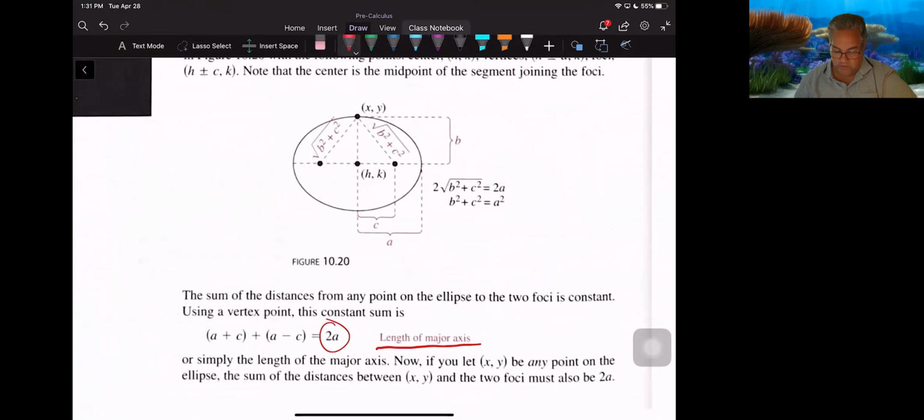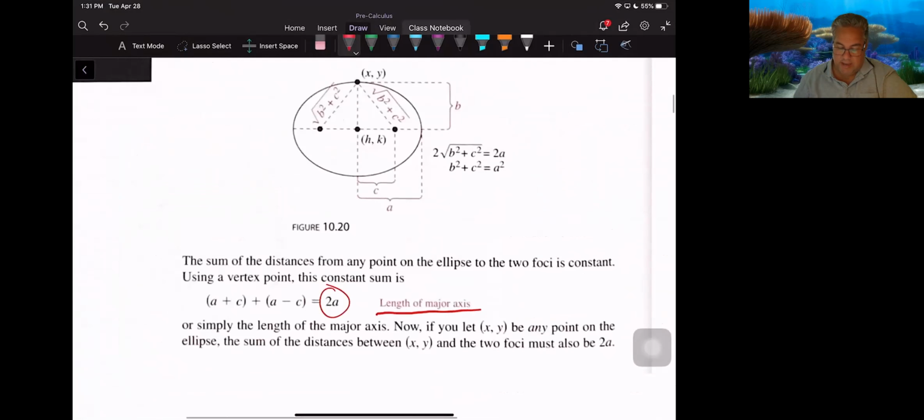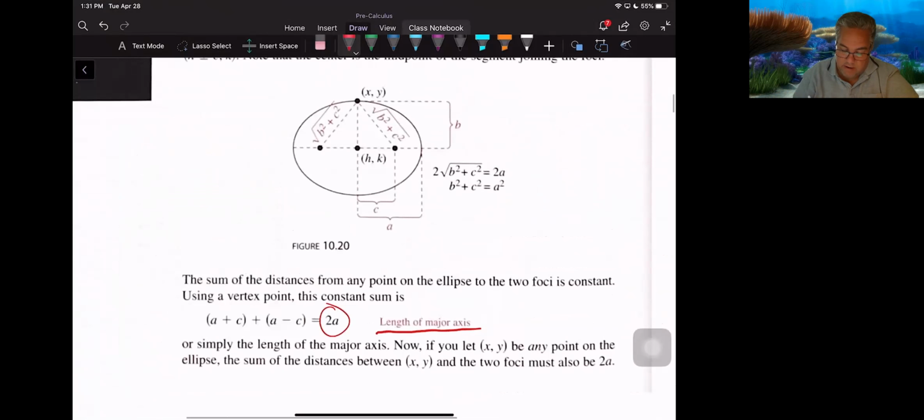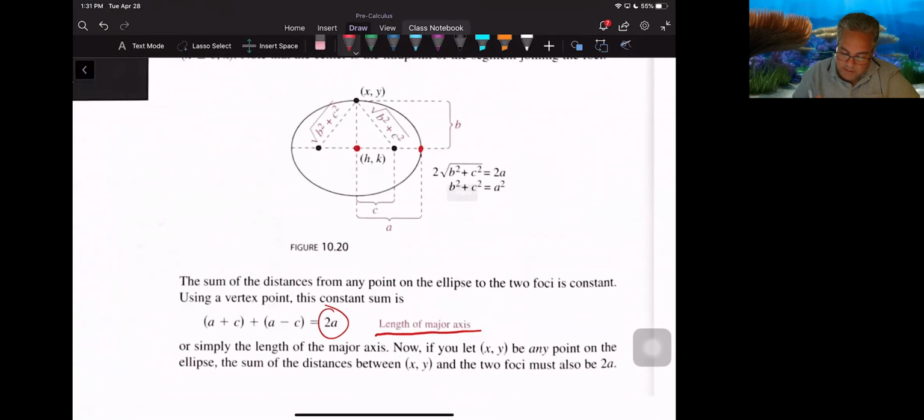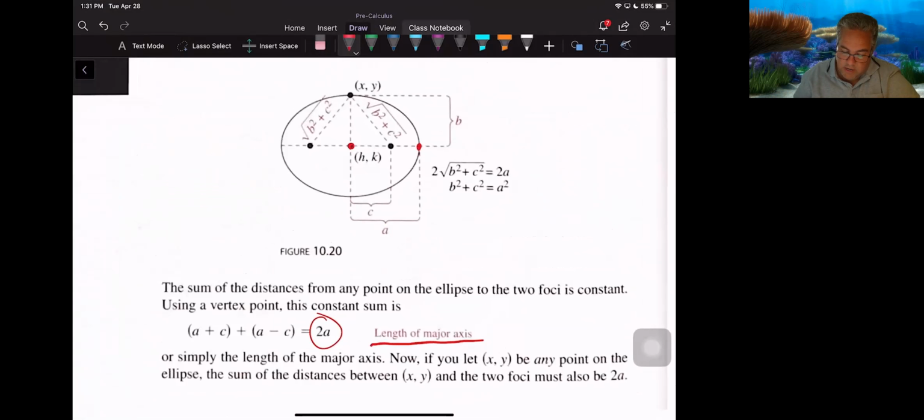Remember, the one that's always larger is the major. And the length from the center to the end part on the ellipse is A. The reason it's 2A is because you're just doubling it. So that's the length of this major axis right here. So A and A, 2A.